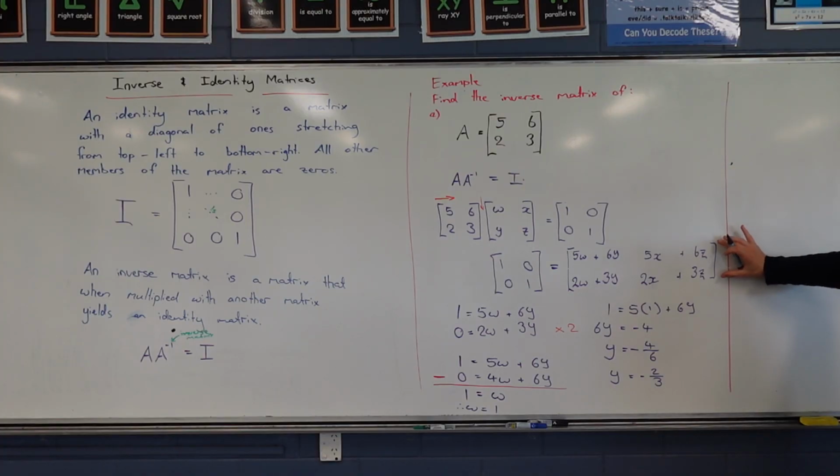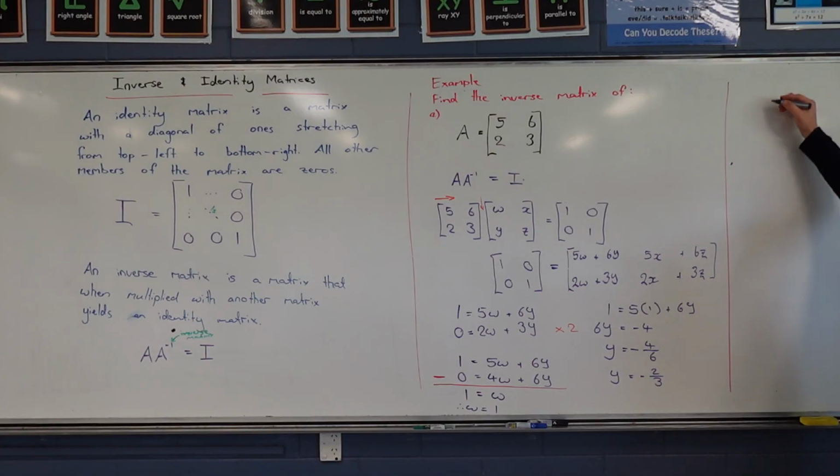My 2 equations I haven't used are 5X plus 6Z and 2X plus 3Z. So 5X plus 6Z is equal to 0. 2X plus 3Z is 1.